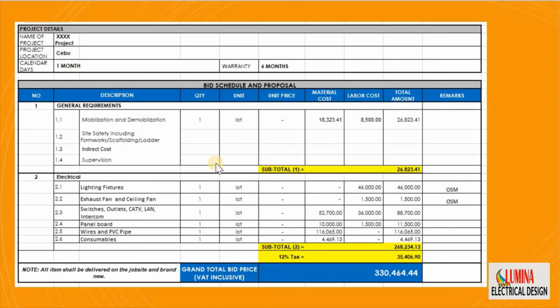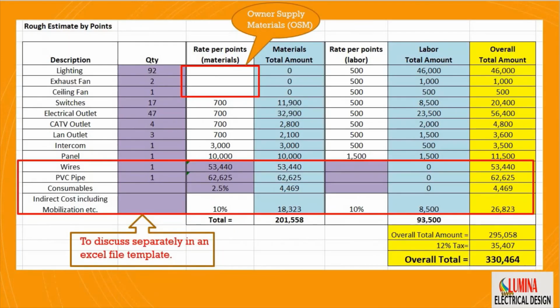For the bid proposal form, we have this template. You have general requirements, the mobilization, the demobilization, supervision, and so on and so forth. And then the electrical items. These are the items that we use in our description.